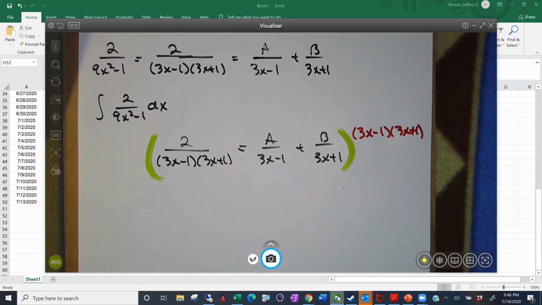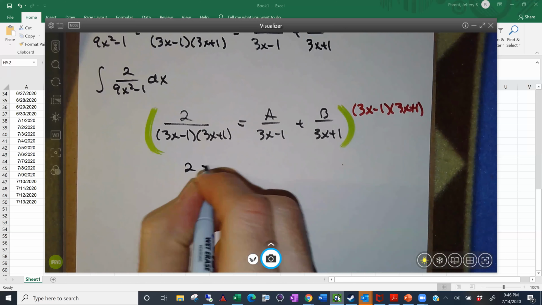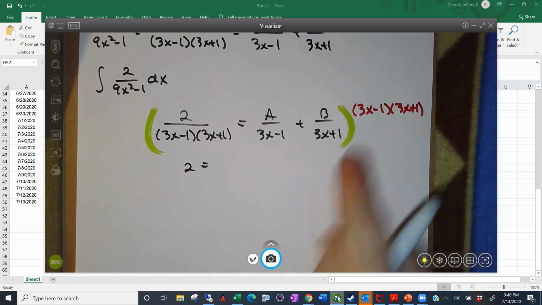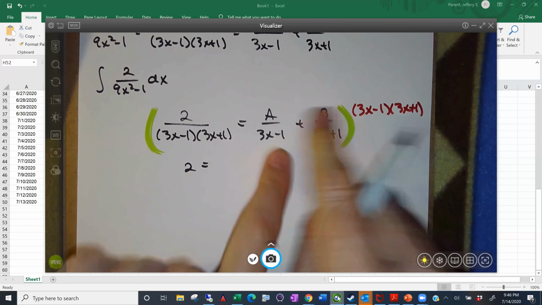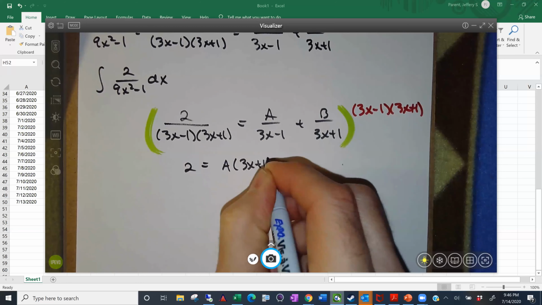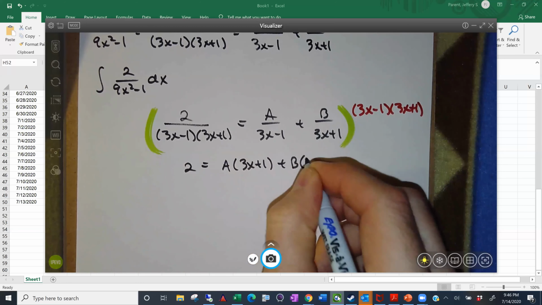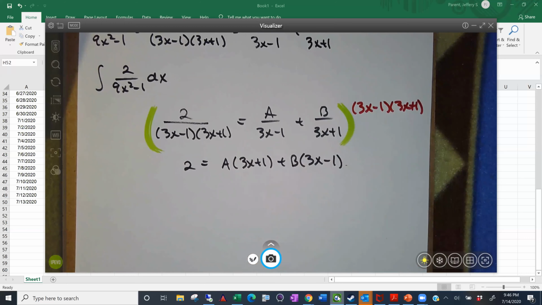The good news for us is that on the left-hand side, I just get a 2. On the right-hand side, the 3x minus 1 is going to cancel, leaving me with A times (3x plus 1) plus B times (3x minus 1). Okay, not so bad.